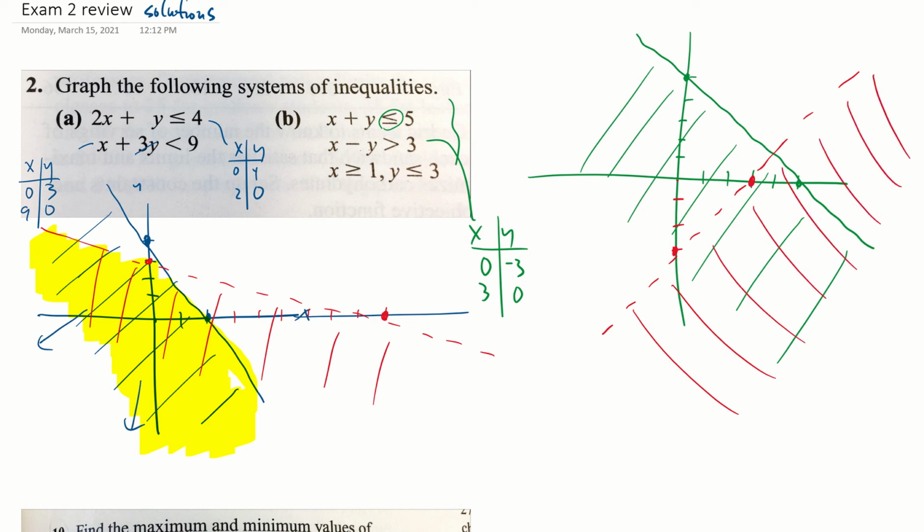Then I've got x is greater than 1, so x equals 1 is this line right here, and x is greater than 1 is all of this this way. This starts to get a little bit messy, so you've got to be careful to see where my triple shaded region is. Then I've got y equals 3, which is up here, and y is less than 3 is going to be shaded down.